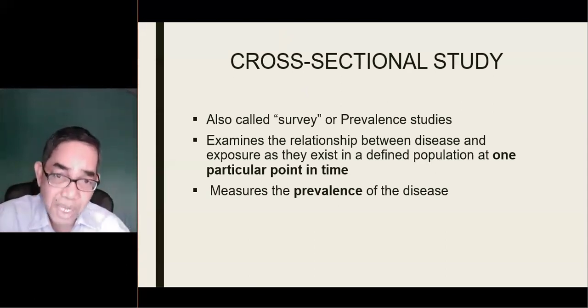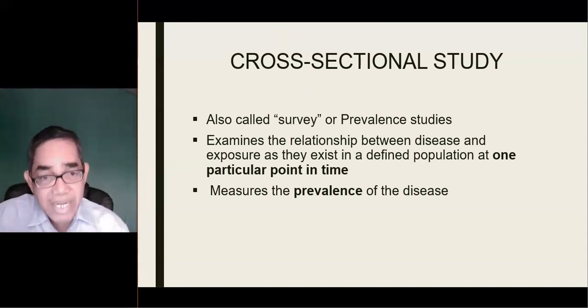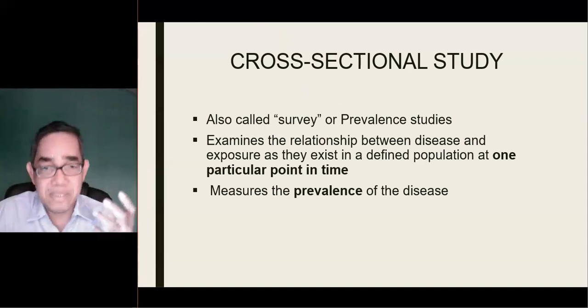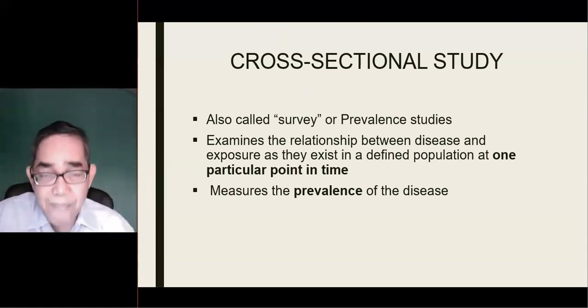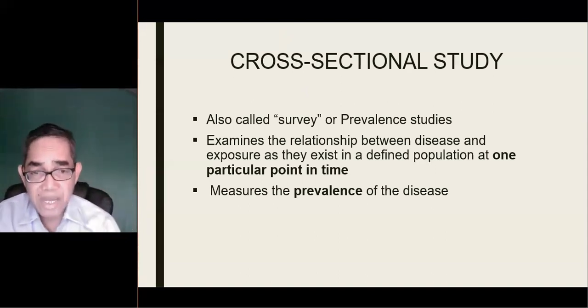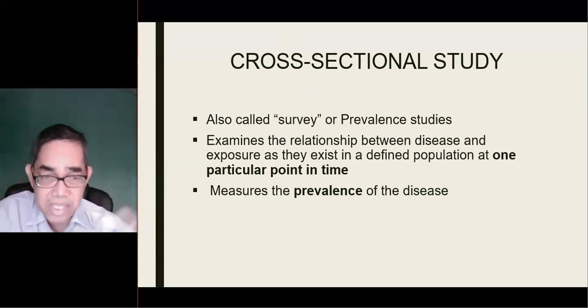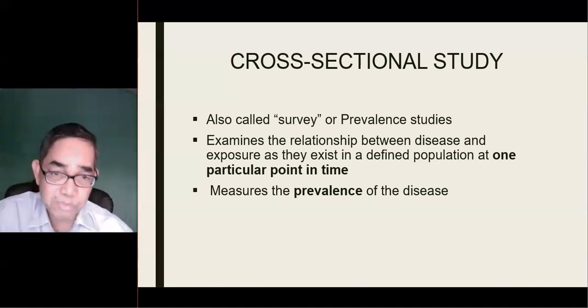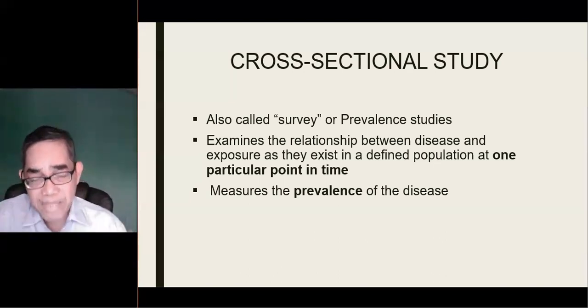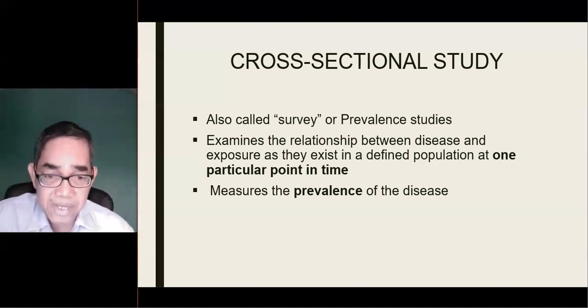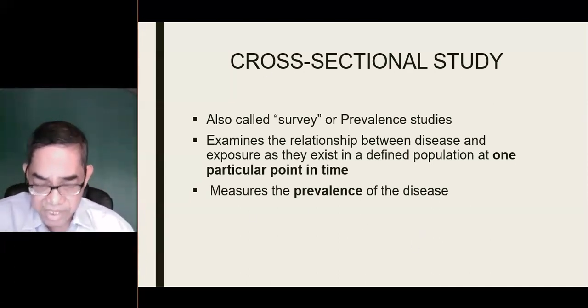Whereas in an analytic cross-sectional study, we examine the relationship between an independent variable and a dependent variable. The independent is also known as the exposure variable, and the dependent is also known as the disease. And the measure of the disease in a cross-sectional study is the prevalence of the disease.